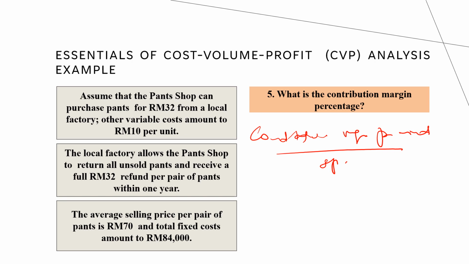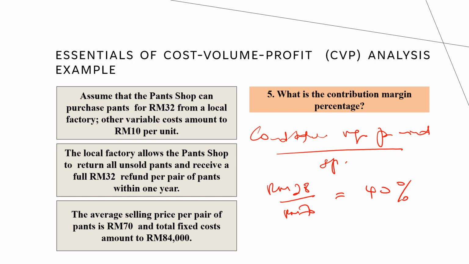So per unit contribution margin is 25 divided by 70. You can get the answer is 40%. So 40% is the contribution margin in terms of percentage.